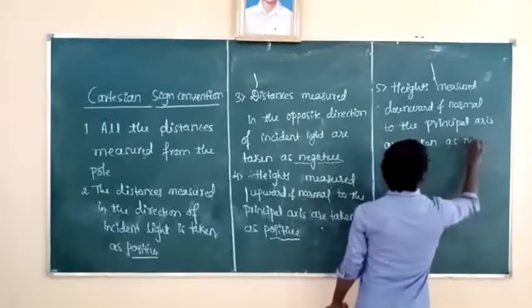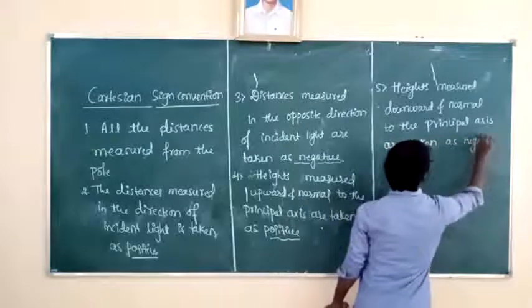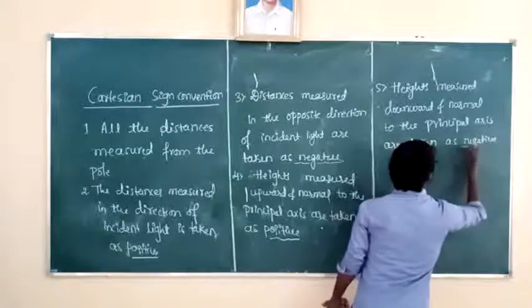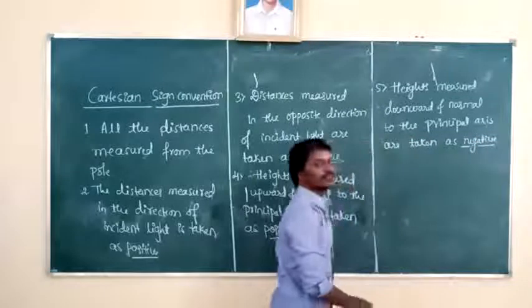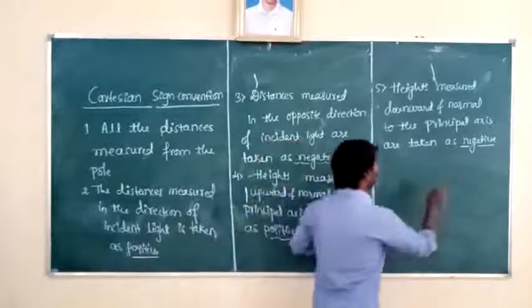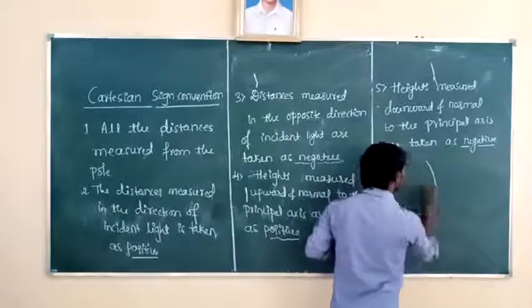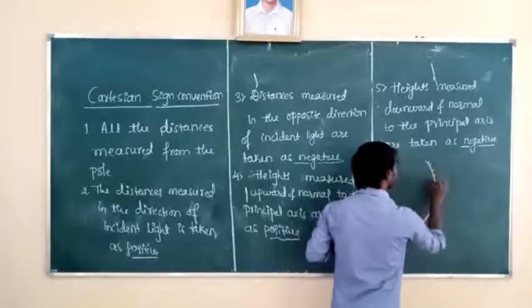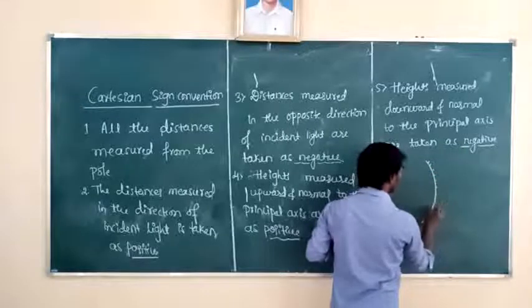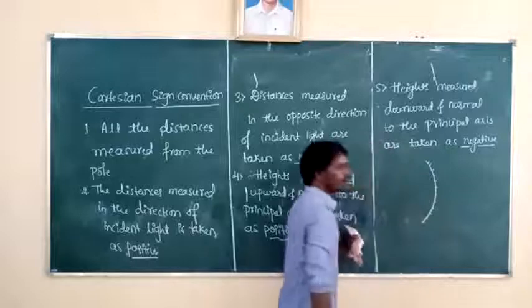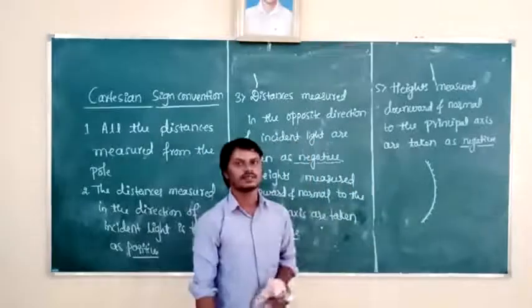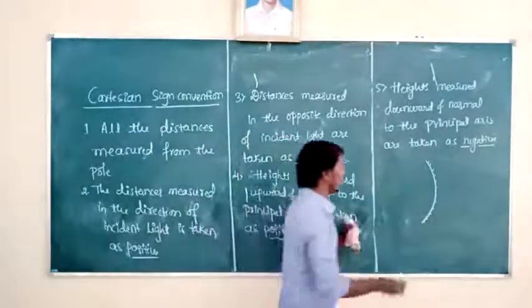Now let us discuss all these sign conventions using a diagram. For simplicity I will take a concave mirror. We are going to use the terms related to the spherical mirror. What are those terms?